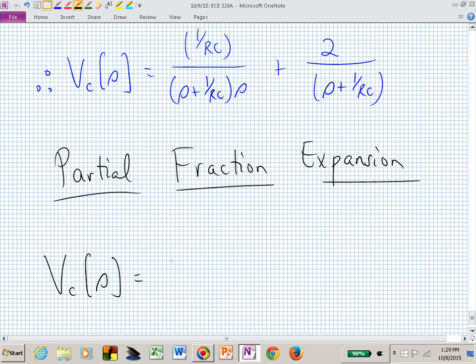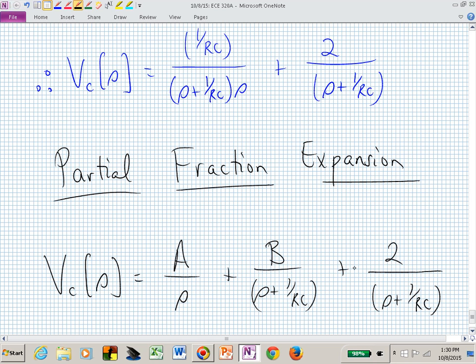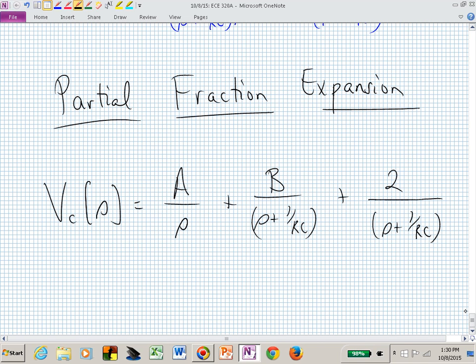I now have A over s plus B over s plus 1 over RC, and I'm just keeping this last one because that one's easy and it's already done.